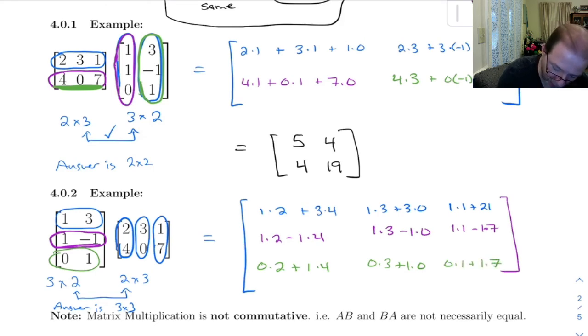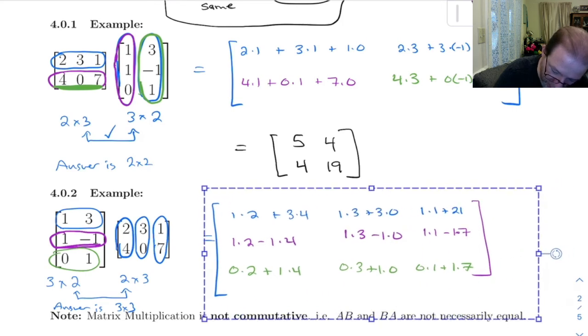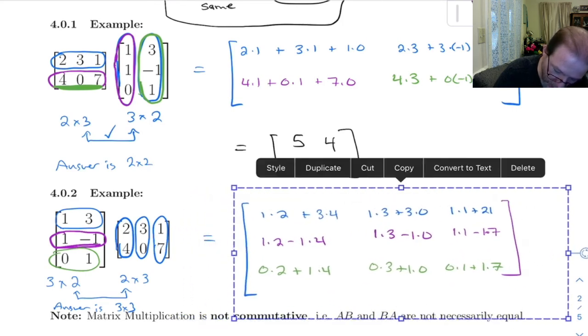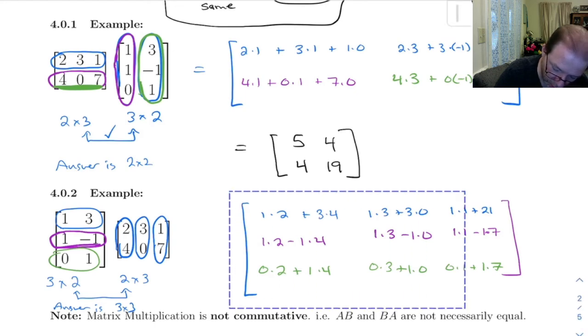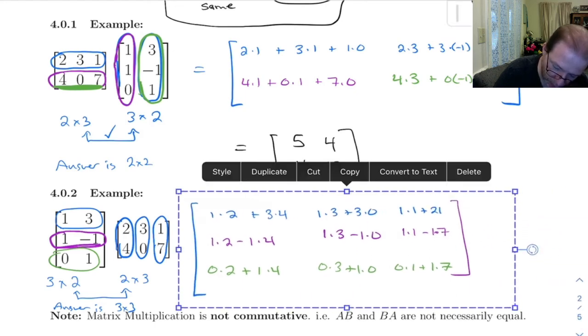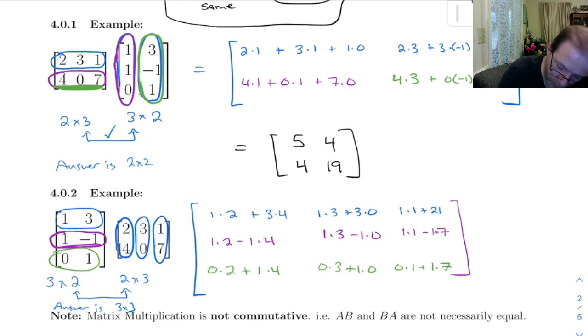And I've used up most of my room here. Let me move this over a bit. And then just go through and do the arithmetic to come up with the final answer.